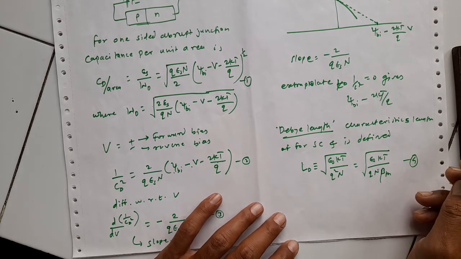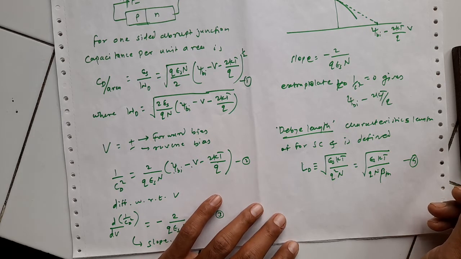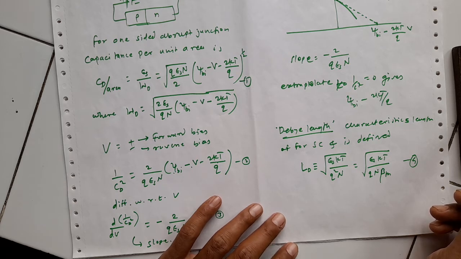So, the Debye length gives the idea of the limit of the potential change in response to an abrupt change in the doping profile. So, what does it give us?